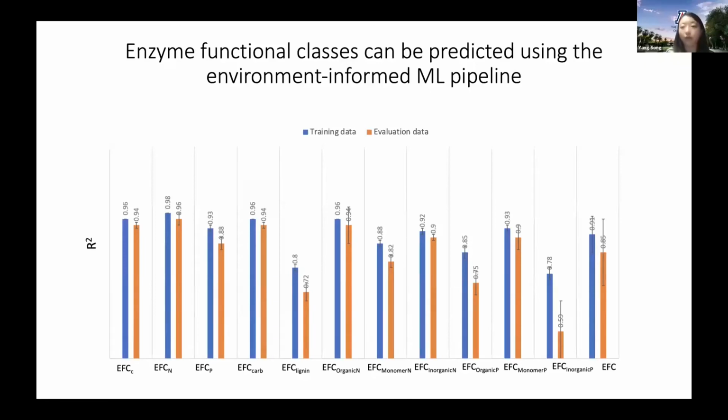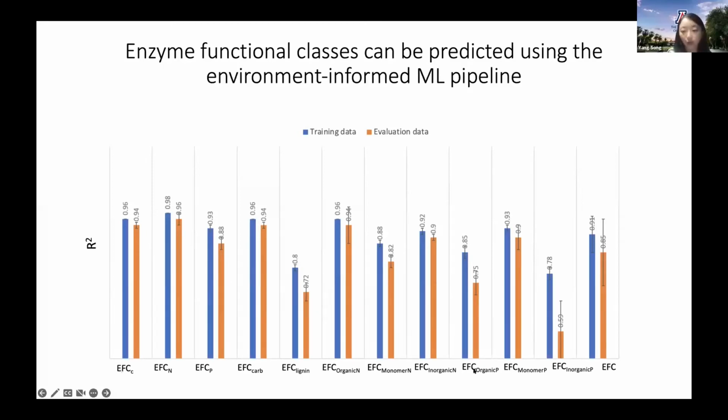First, we found that we can answer our first question: enzyme functional class can be predicted using the machine learning model we developed here. The figure I'm showing here uses one metric, R-square, to evaluate the model's ability to predict the different enzyme functional classes.